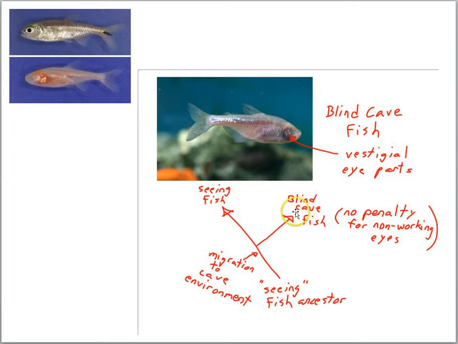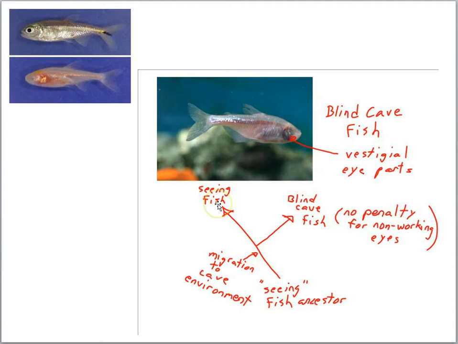And in this cave environment, there was no penalty for non-working eyes. So mutations may have accumulated in building eyes and made them non-functional. But it didn't matter because there was no light in the cave for them to see anyway. Now, remember, it was only some of these fish, perhaps. Others of those ancestors continued being fish with functioning eyes.